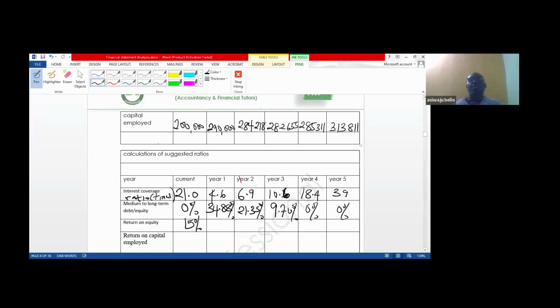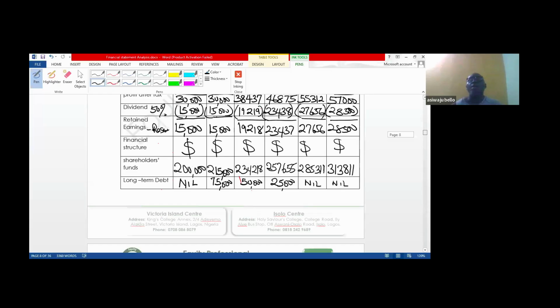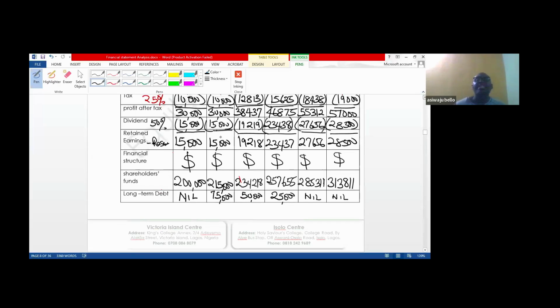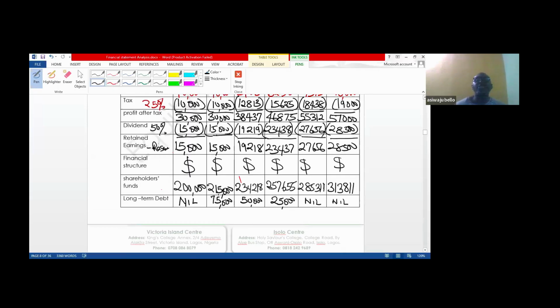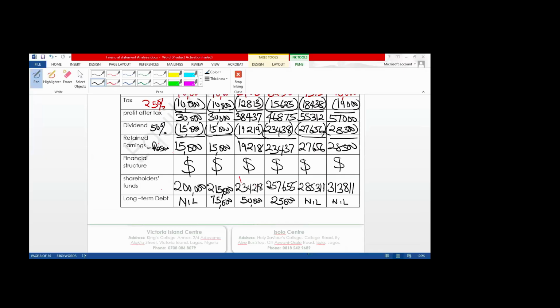Year one: our profit after tax is 30,000, shareholders' funds 250,000. Thirty divided by 250, multiplied by 100, 13.95.